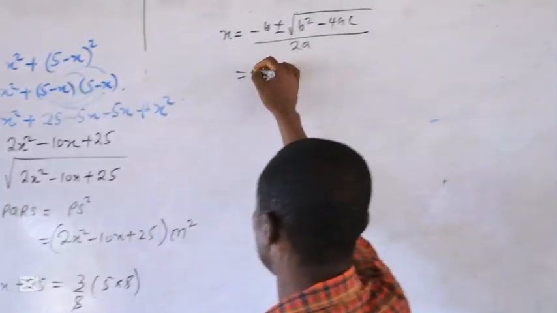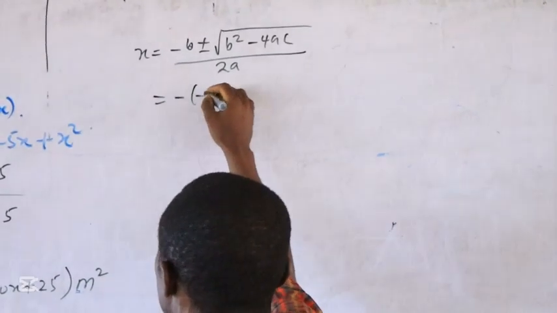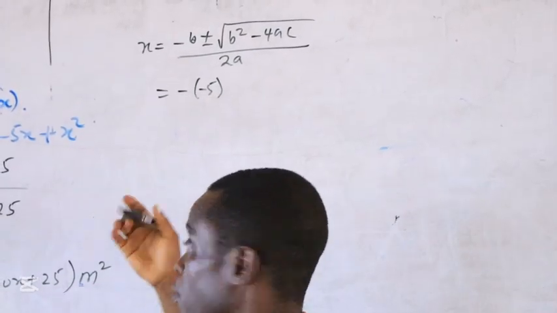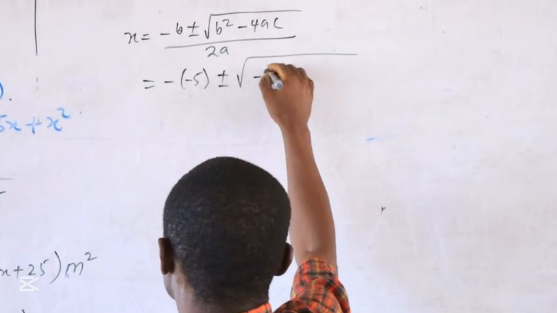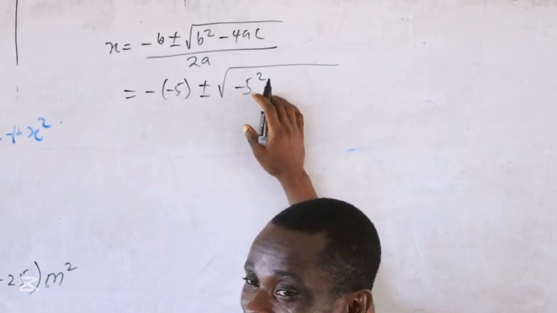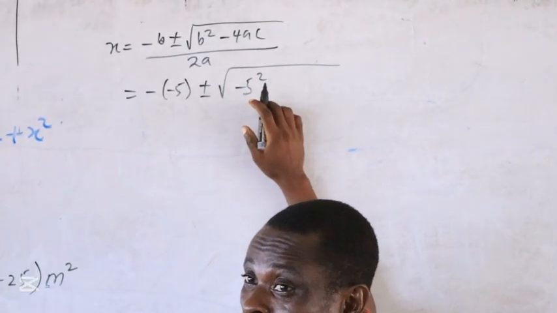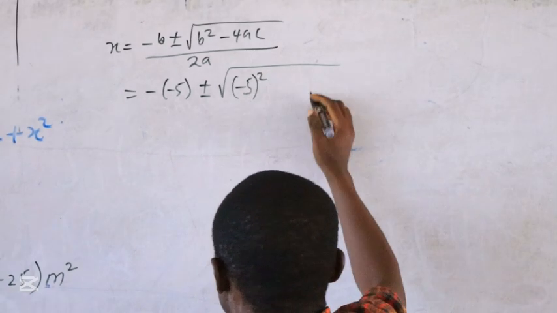Then you now do the substitution. What is that b? Minus. It's going to be minus 5. Plus or minus, where that b is minus 5 squared. This expression is wrong. You need to put brackets. If you press it like that, the calculator will give you minus 25. Okay, so this is how you're supposed to express it.